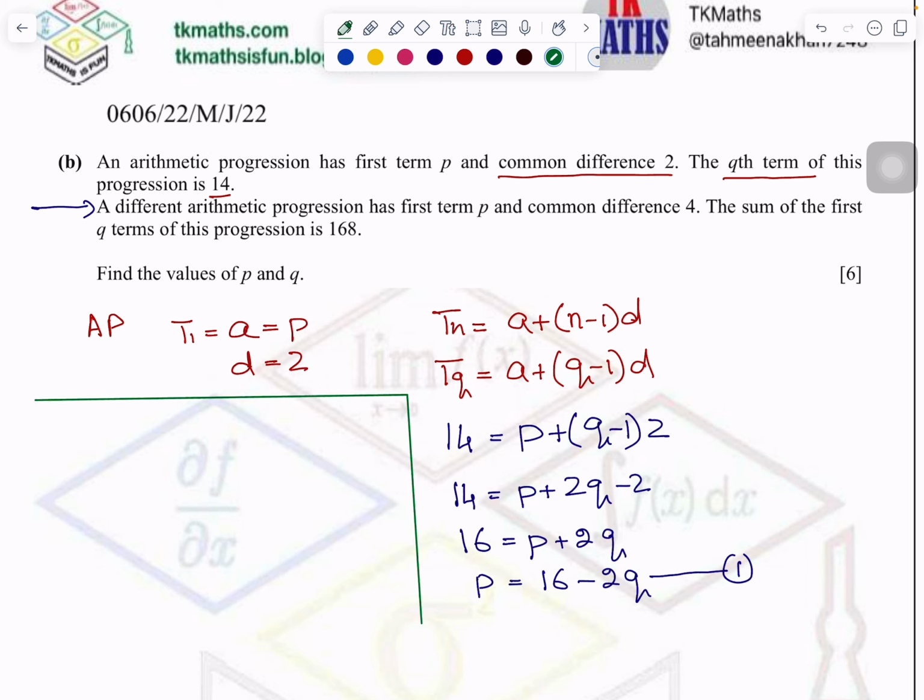Let me write here "different" so that there is no confusion. For the different AP, the first term is again p in the given question, and the common difference is 4 now. Earlier it was 2. And what else is given? The sum of the q terms is 168.